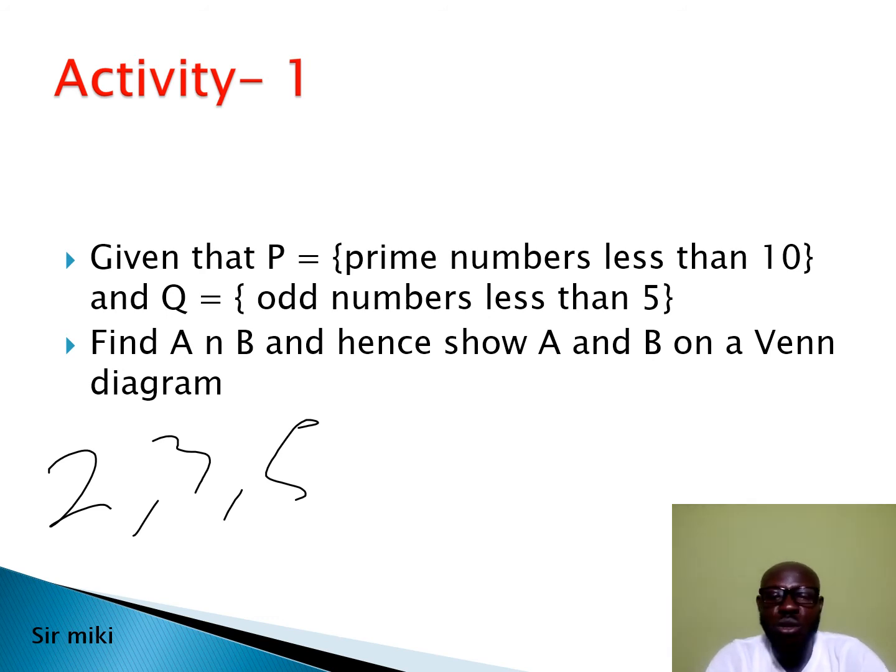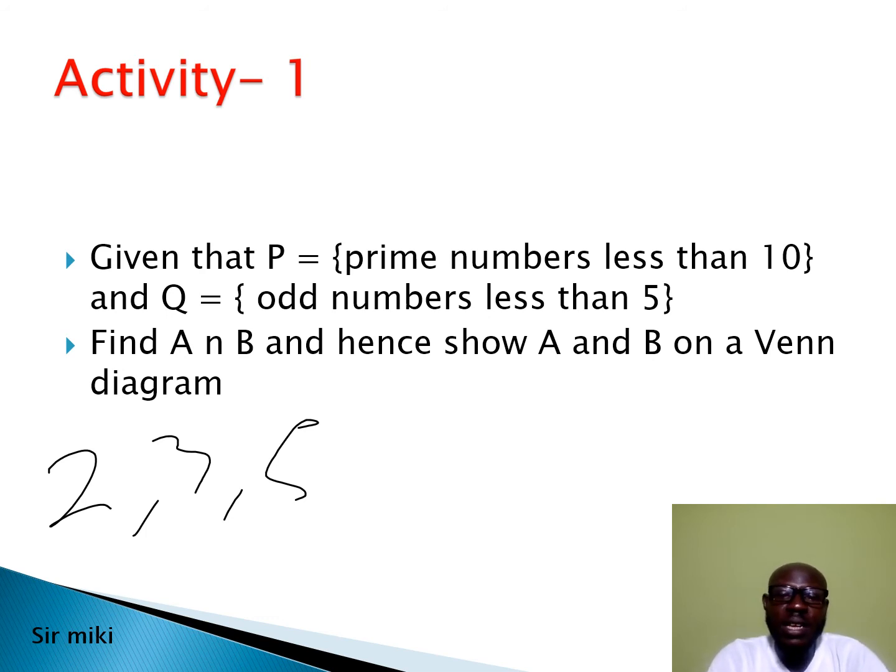It has only 2 factors. When we say odd numbers, these are numbers that are indivisible by 2. That means that when you divide any of these numbers by 2, there should be a remainder. That is an odd number. A property has been defined over here.